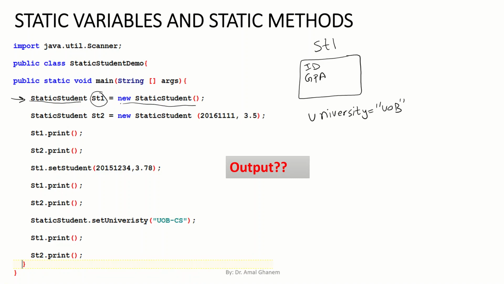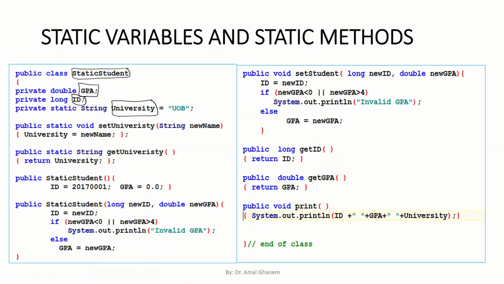Now, because we mentioned new student and then empty brackets, it means I have to call the constructor. So always remember, especially when you have output questions, whenever you have a new class name, you have to call the constructor. And because in this case I have empty brackets, I will call the empty constructor. If we go back and check, this is the empty constructor.